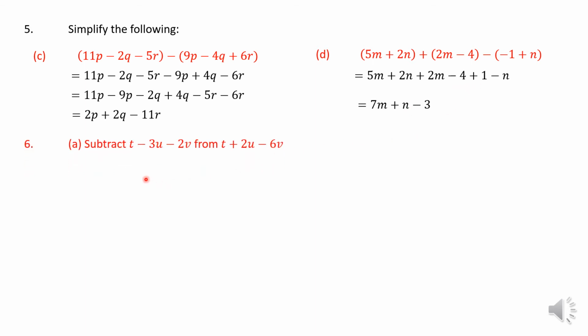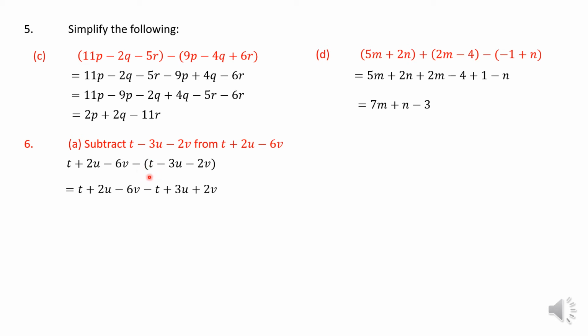Right, so you have to be a bit careful here. They say subtract t minus 3u minus 2v from the other expression. Okay, so the t plus 2u minus 6v must come in front. Okay, and because we are subtracting, it's very important that you put that expression in brackets, because subtraction changes the sign of the bracket, as you can see.